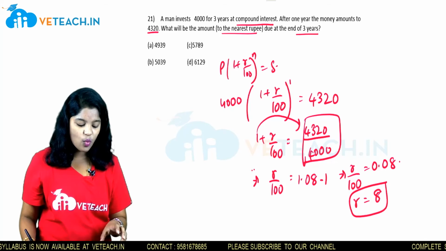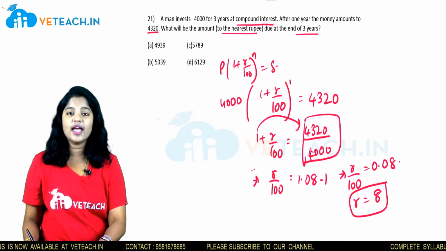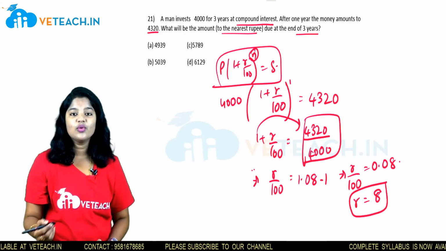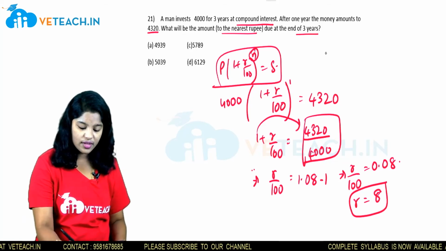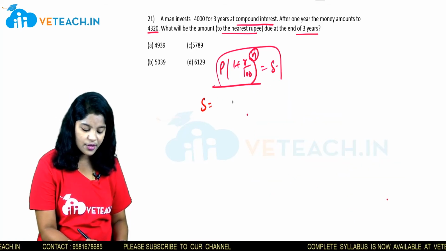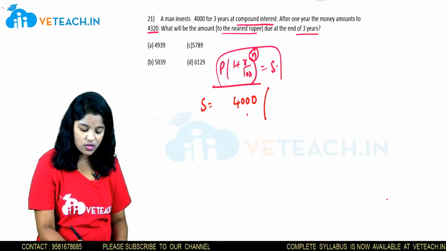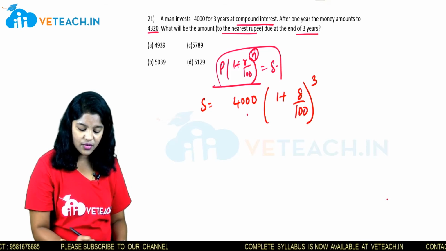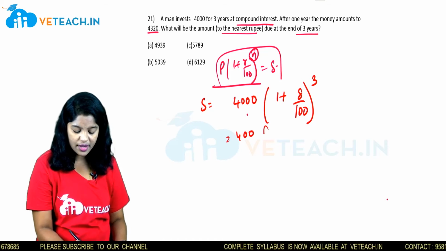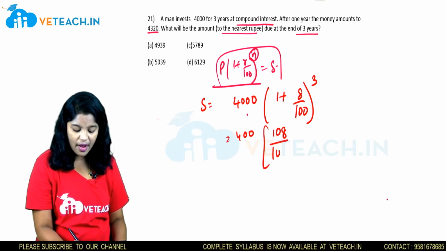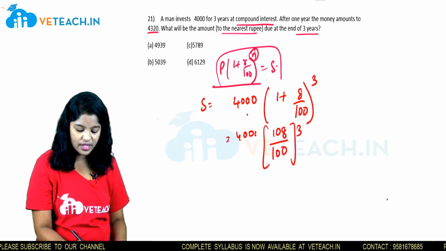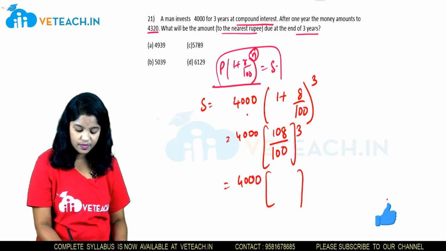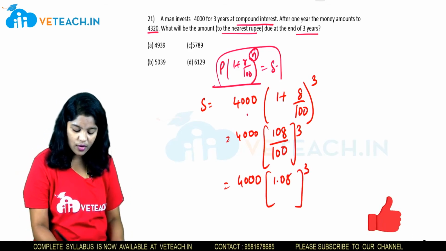Now they have asked what will be the amount due at the end of 3 years. Simply use the same formula, but in place of n, we will write 3 years. So S is equal to the principal amount 4,000 into 1 plus R, which is 8 by 100, whole power 3. That is equal to 4,000 into (108 by 100) whole power 3, which is 4,000 into 1.08 whole cube.